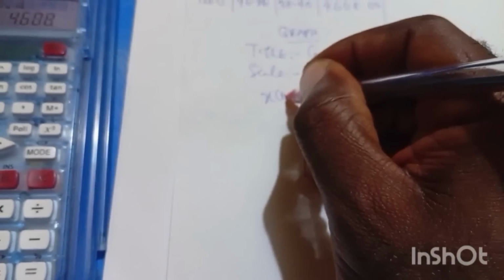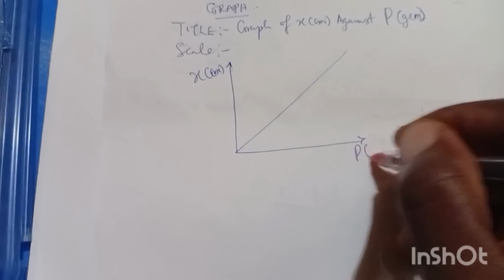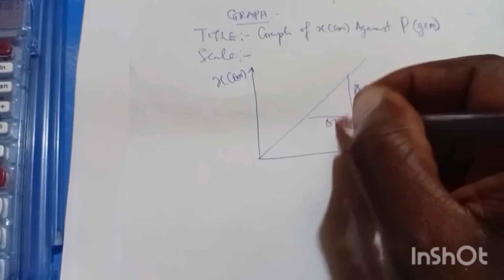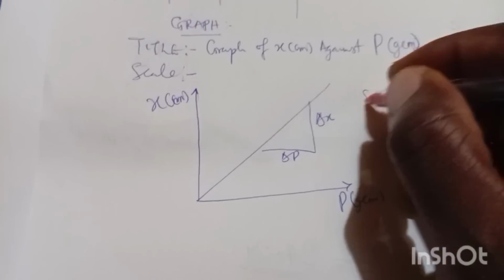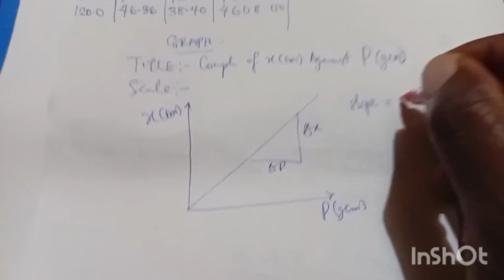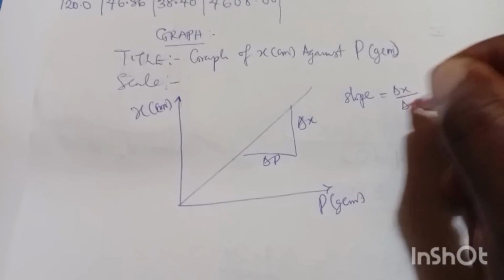It's a direct graph. If my x is on this side and my p is on this side, at the end of the day I'll bring out my slope, change in x over change in p. Slope equals change in x over change in p.